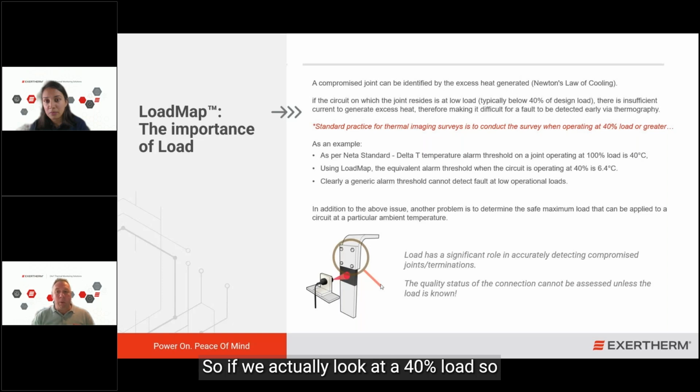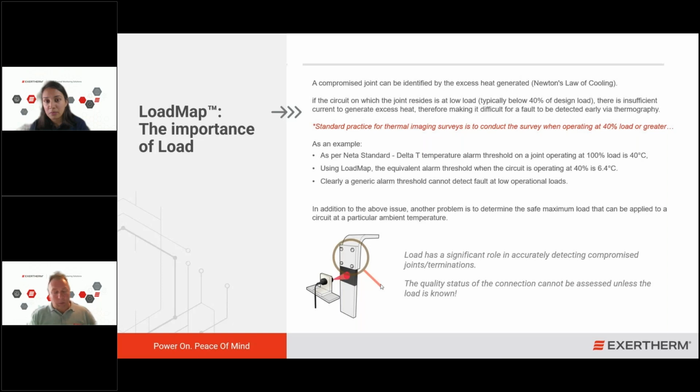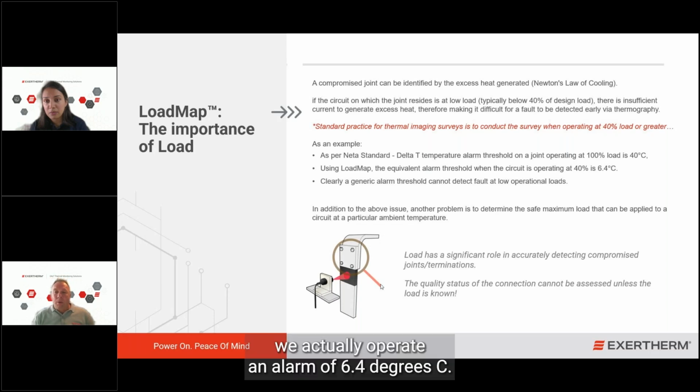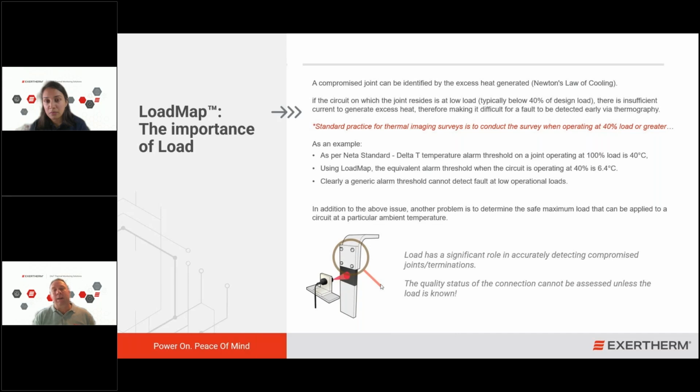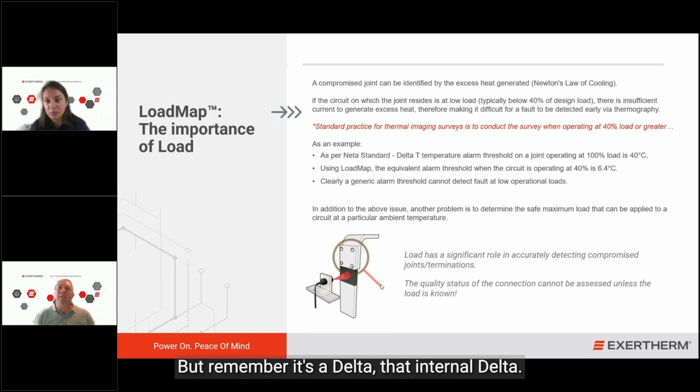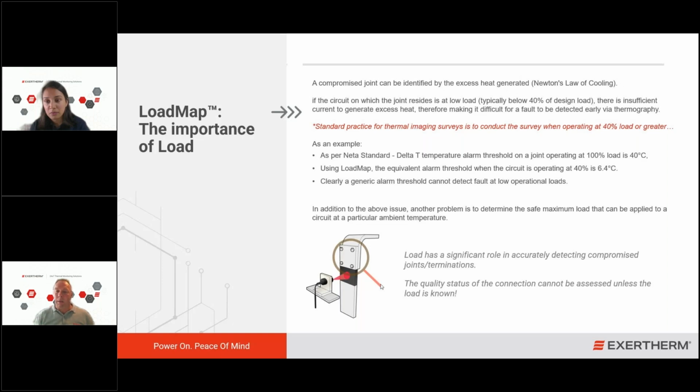So if we look at a 40% load, that busbar at 400 amps, we actually operate an alarm of 6.4 degrees C. That sounds very low. But remember, it's a delta, that internal delta.